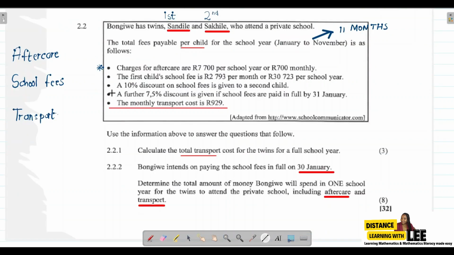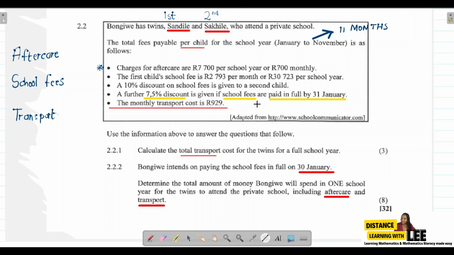However, we are given additional information here. We are told that a 7.5% discount is given if the school fees are paid in full by the 31st of January, right? Remember, we're given information here that Mrs. Bongiwe intends on paying the school fees in full on the 30th of January. So because she's going to be paying her son's school fees in full on the 30th of January, she is going to get a 7.5% discount on the school fees.